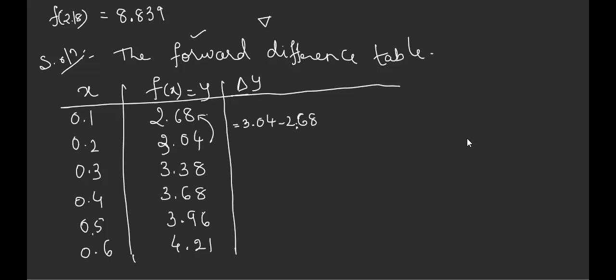What is this value? 3.04 minus 2.68 is how much? 0.36. Okay. Same again, this value minus this. You understood, I think, by this arrow mark. This value minus this. 0.34, I guess. Correct?